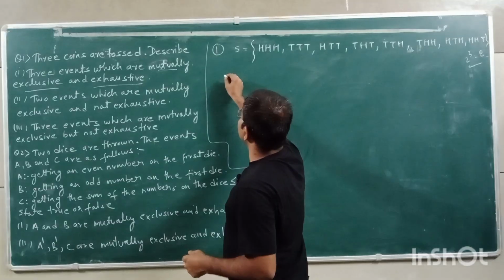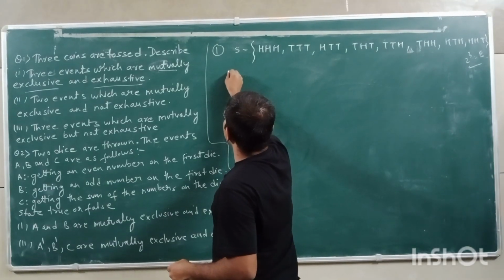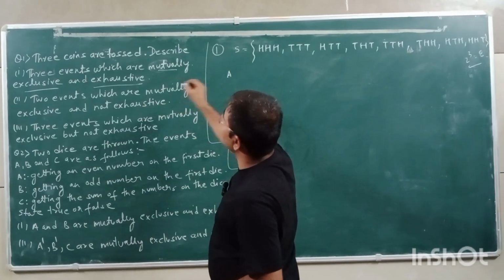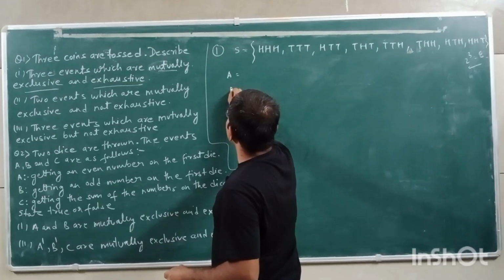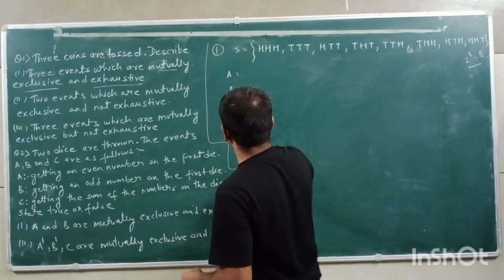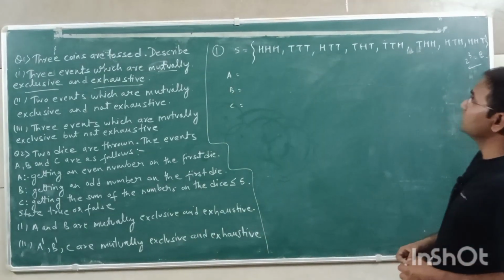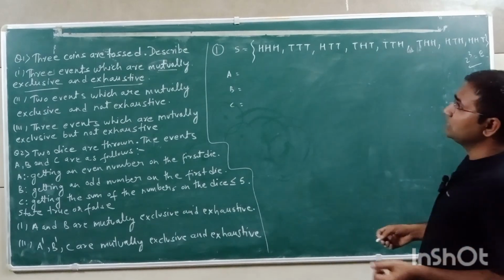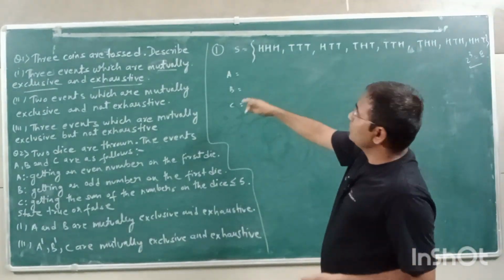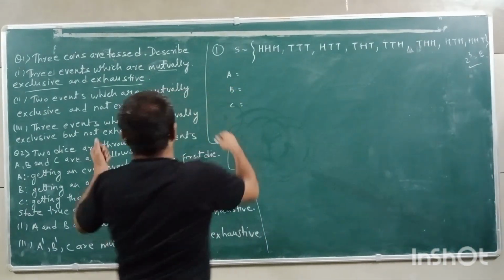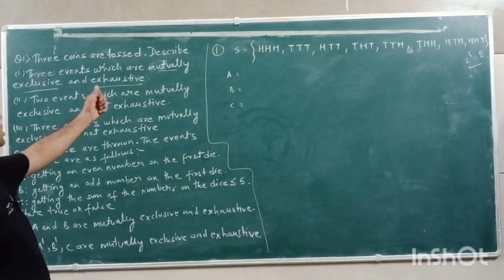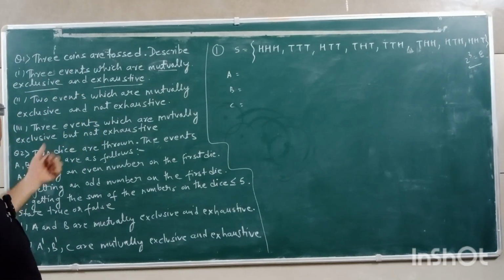So suppose we have to write three events: A, B, C. How will you write events that are mutually exclusive and exhaustive?